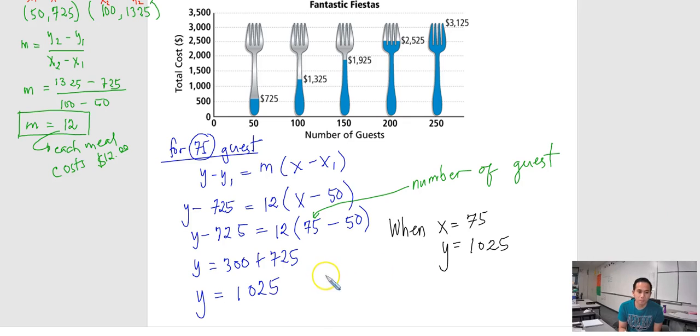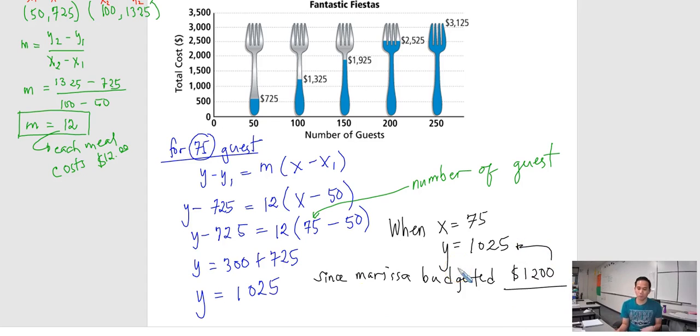Since Marisa budgeted $1,200, therefore she has enough money to have that event.